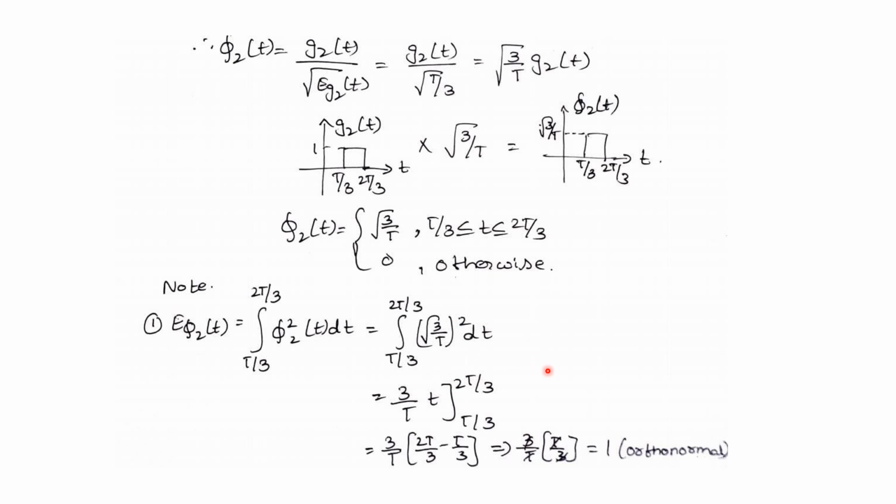Integrating this and applying the limits, I am getting the final answer as 1, which is orthonormal because it is a constant and it is 1. If I got any other constant, it would have been orthogonal, but I am getting 1 here, so it is an orthonormal signal.